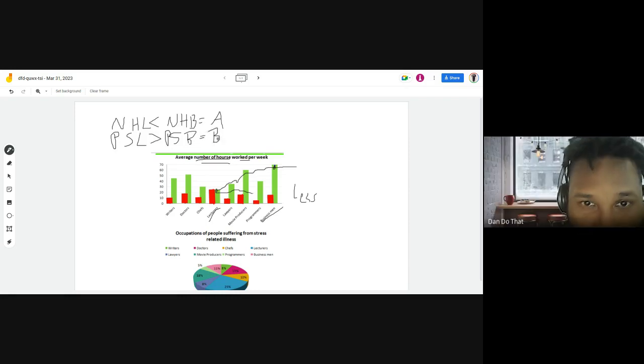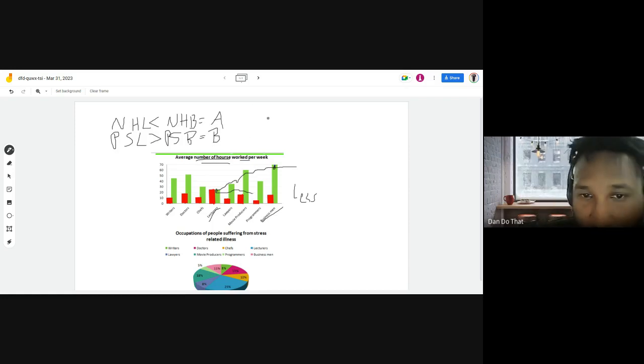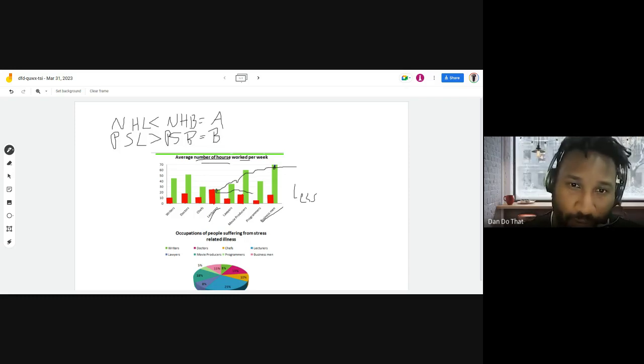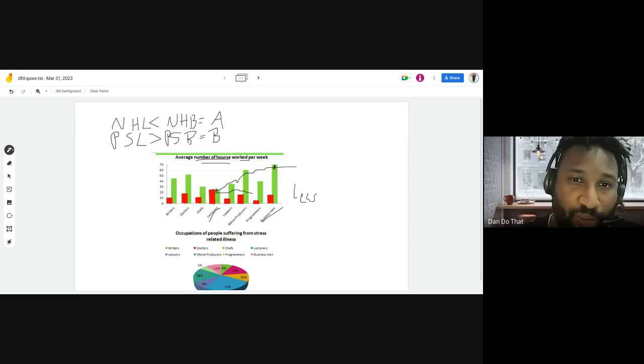So now we got our two lines. Now you need to compare A and B. A is what? Higher. You can compare them any way you want. More than, less than, the opposite, the same. What's the comparison?